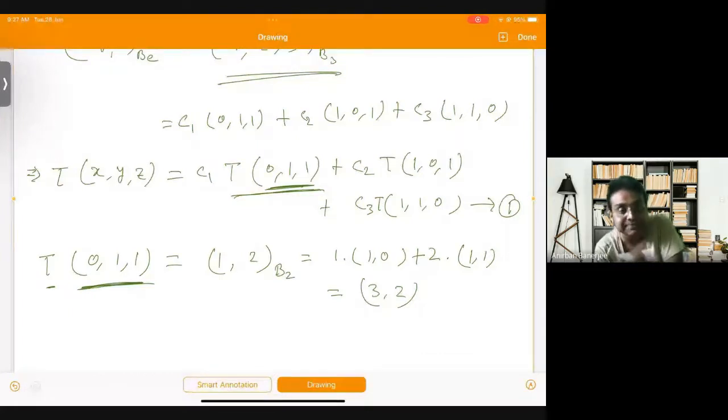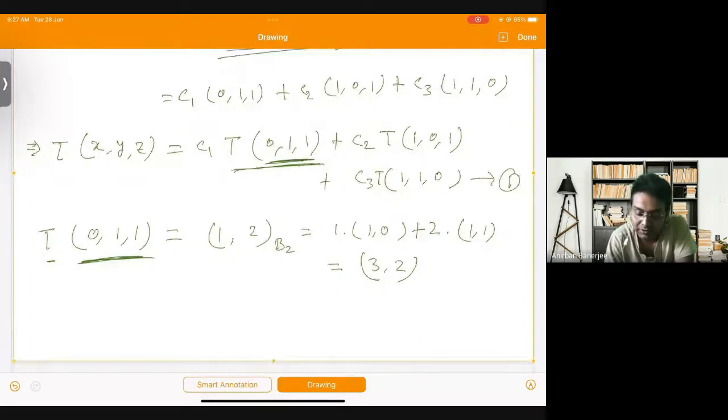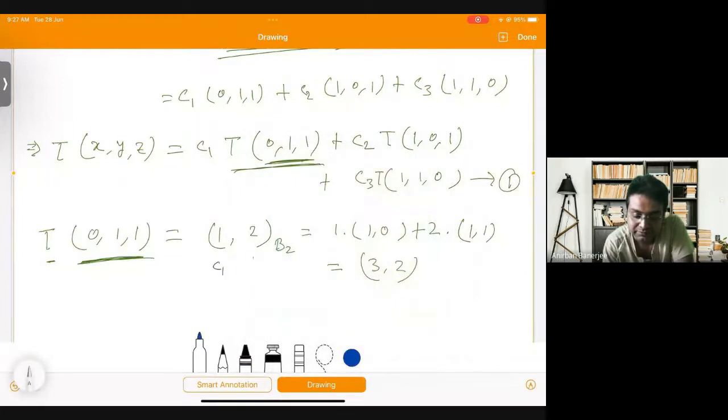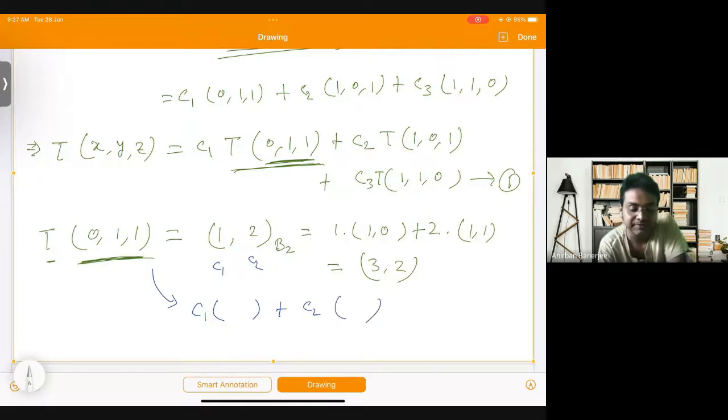Let's say this is C1 and this is C2. So this means that whatever vector we get can be represented by C1 into the first basis vector, C2 into the second basis vector.